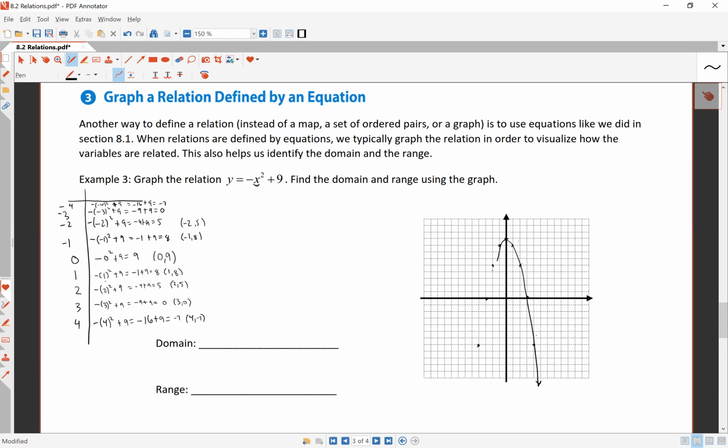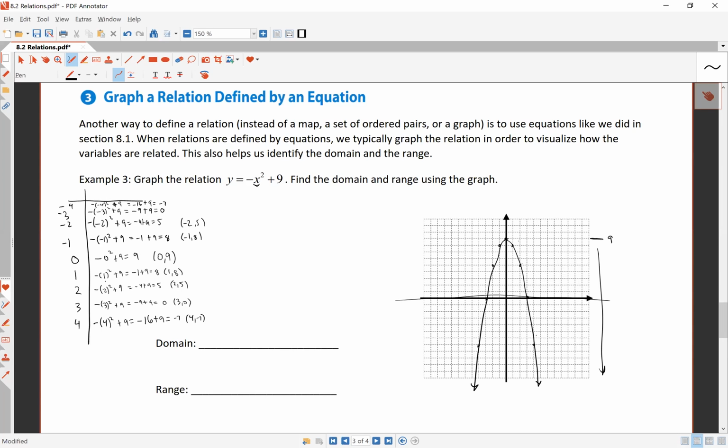So now we see that this graph comes up and attains this highest possible point for the y values of 9, but it goes down forever. And those are the y values, so that's related to the range, where the x values are the domain.